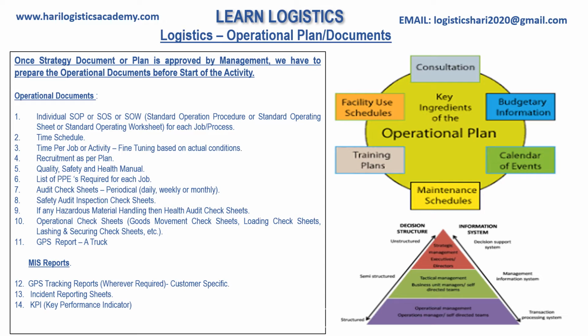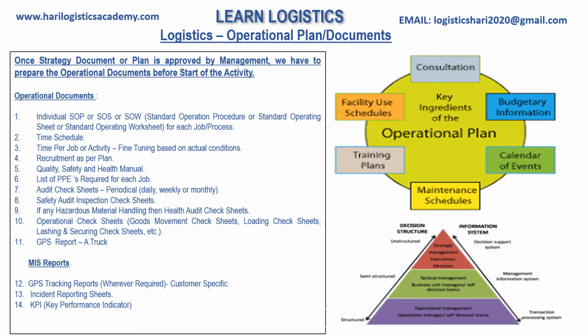Eleven, GPS report for a truck or trailer. Then other reports like MIS reports, which stands for Management Information Systems reports. Twelfth is GPS tracking reports wherever required based on the customer specific, because some customers may require different formats. So based on their requirement, we have to prepare it.